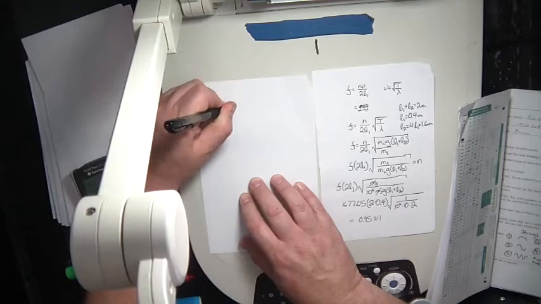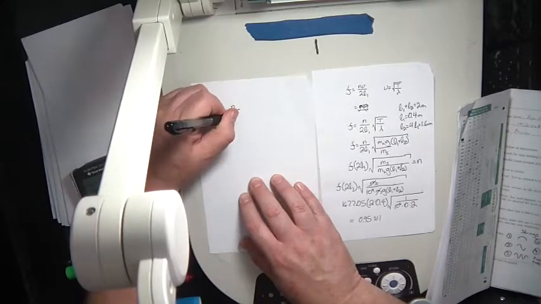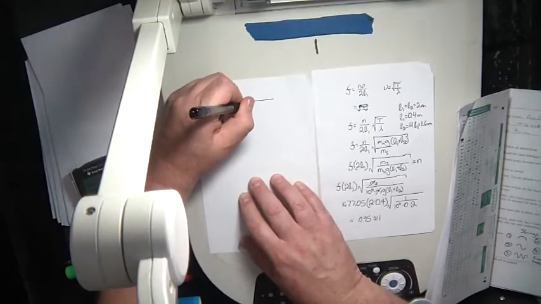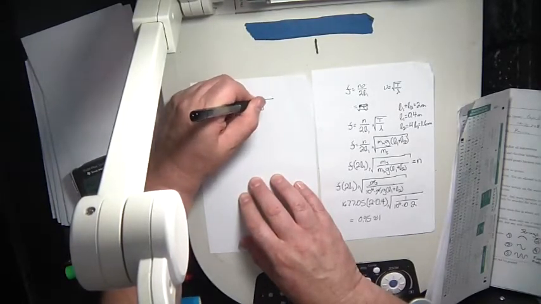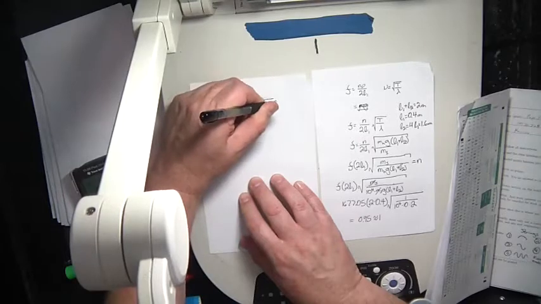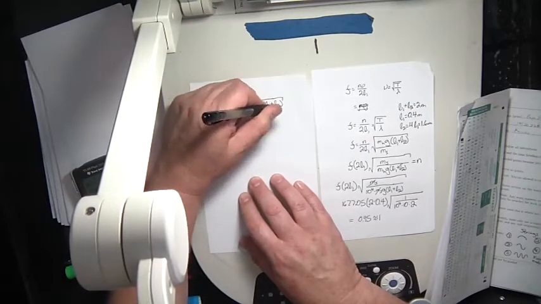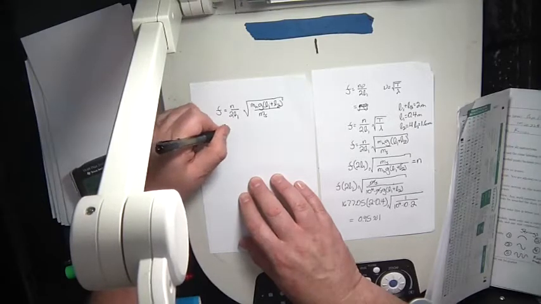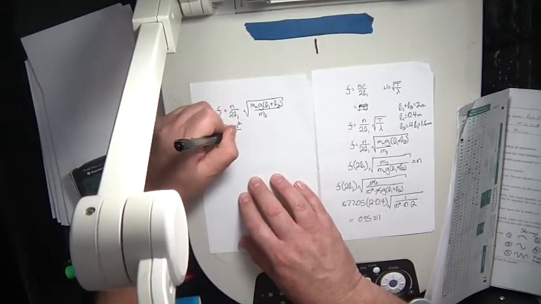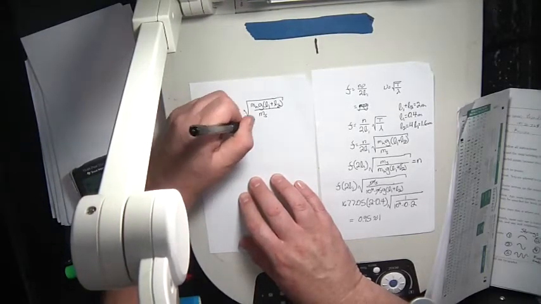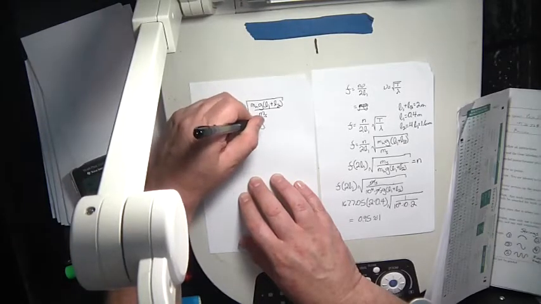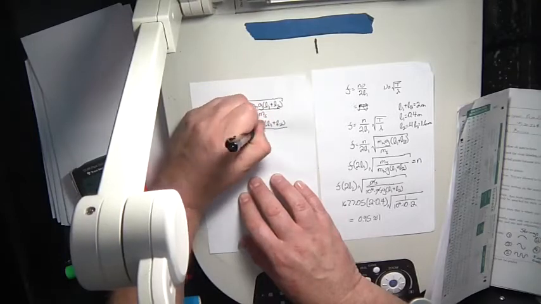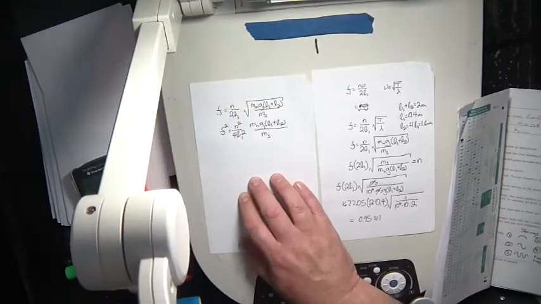F N over 2L1 times the mass hanging, gravity, L1 plus L2 over MS. I'm going to square everything. F squared N squared over 4L1 squared equals mass hanging times gravity times L1 plus L2 over MS.